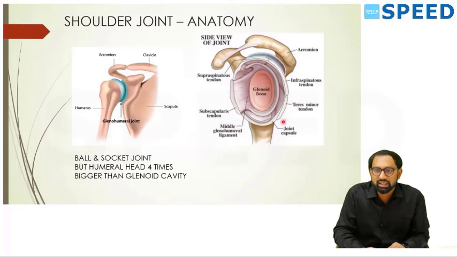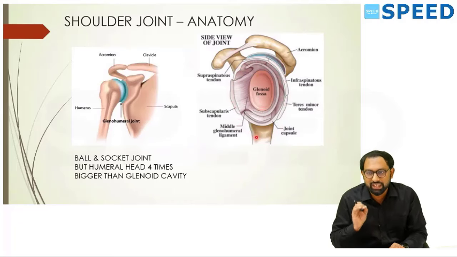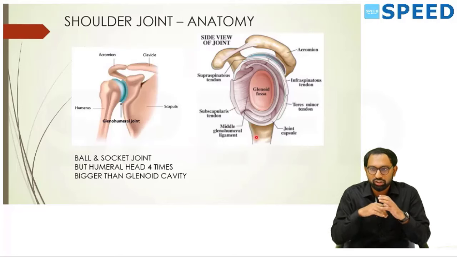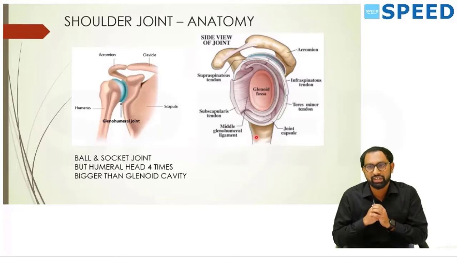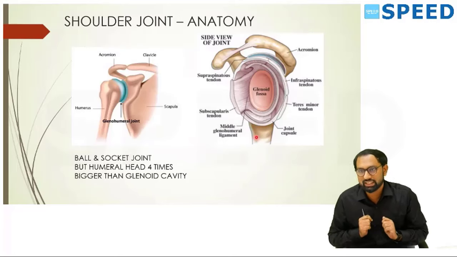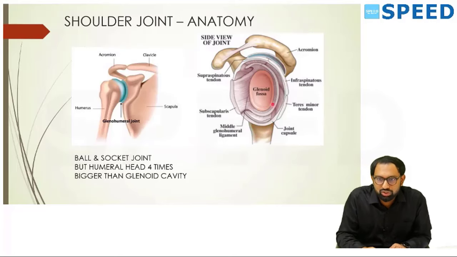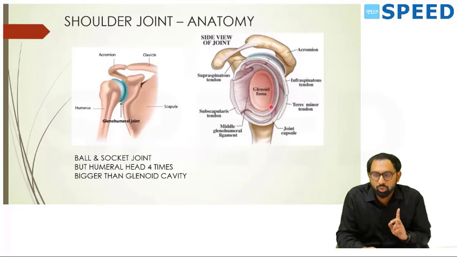So there are certain capsules, there is a labrum, there are certain structures which see to it that the proximal humerus is sitting well within the glenoid cavity, and those are the stabilizing factors, and that includes your joint capsule. So there is a capsule around the joint, and then you also have the labrum. I'll talk about the labrum next.